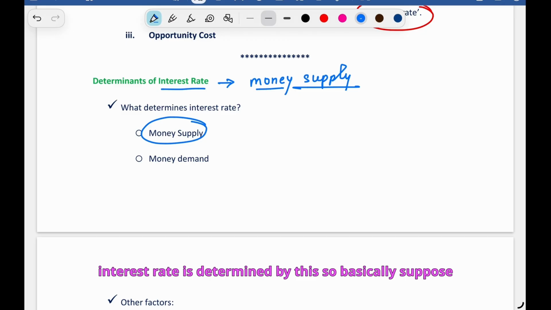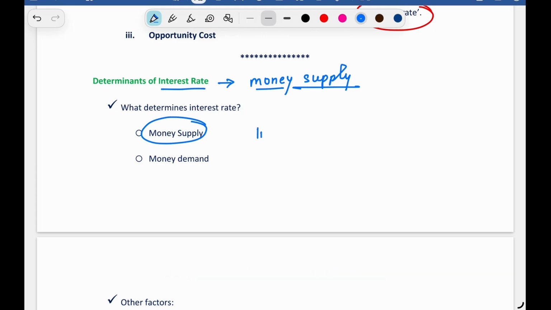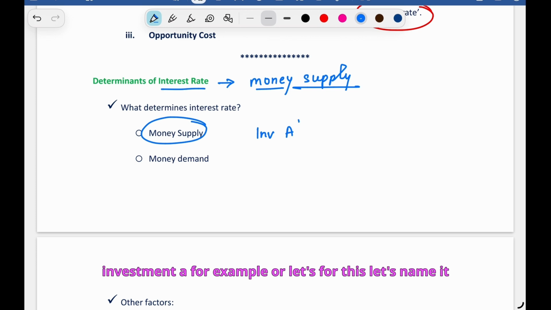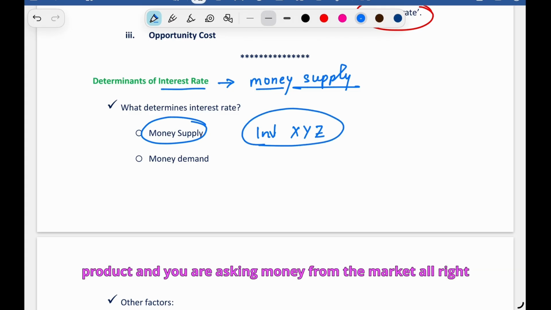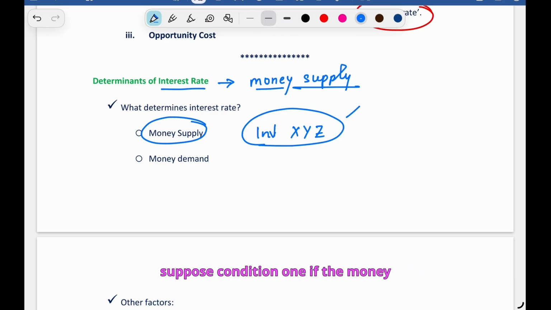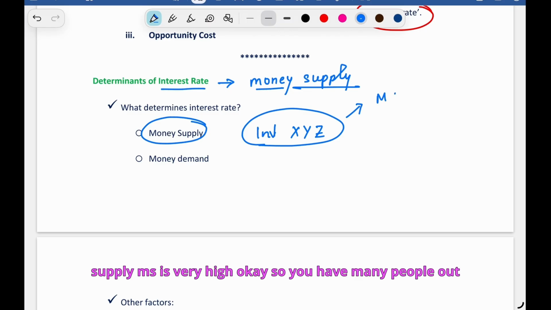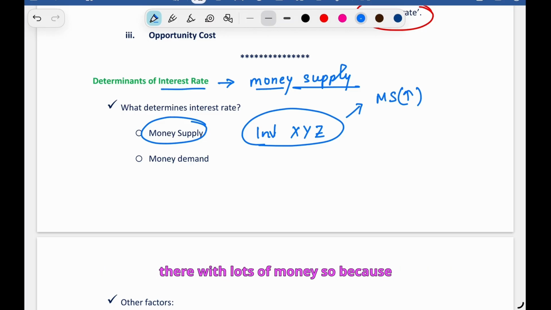So basically, suppose you have created a product called investment A, for example, or let's name it investment XYZ. So you have created this product and you are asking money from the market. Alright. Suppose condition 1, if the money supply, MS, is very high, okay, so you have many people out there with lots of money.